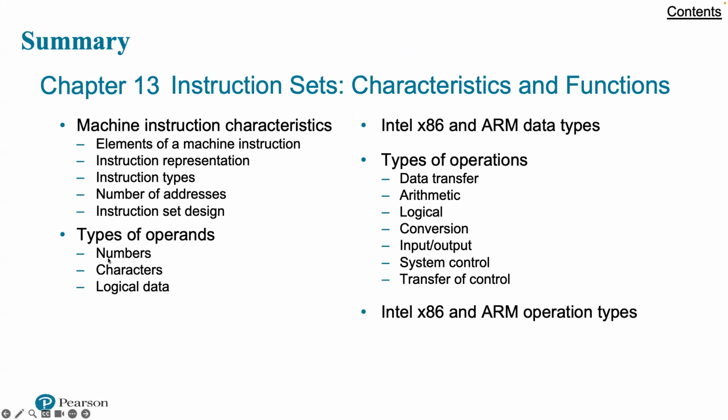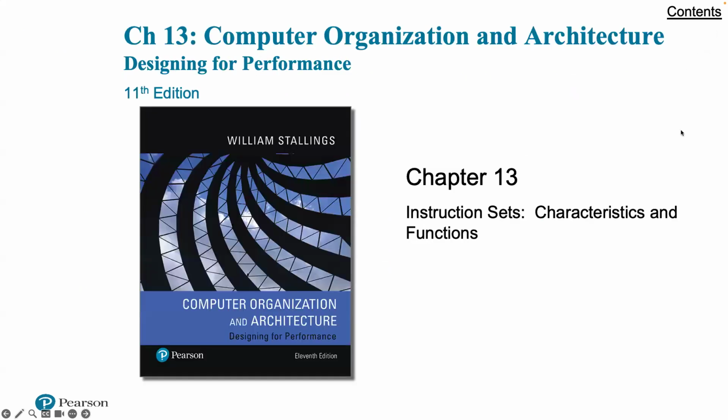How are you going to put in values for numbers and characters? Those are some things we considered, and also these two different architectures, x86 and ARM, and how they do that.